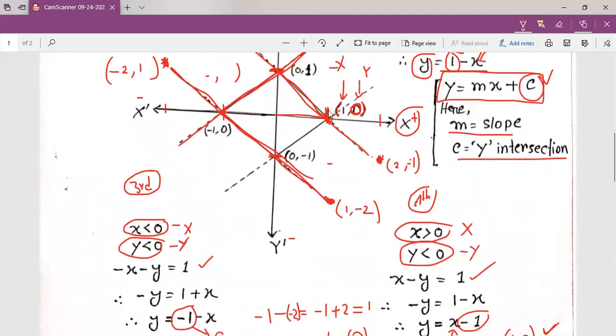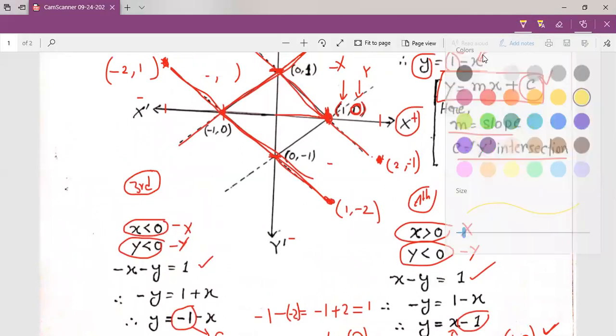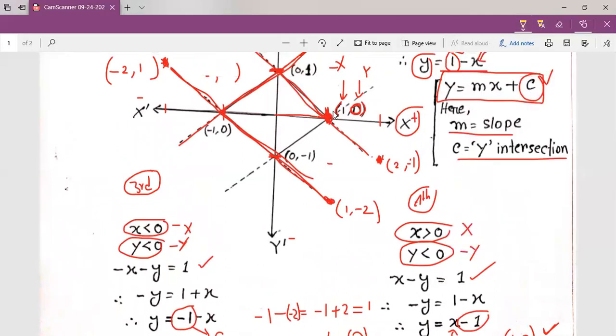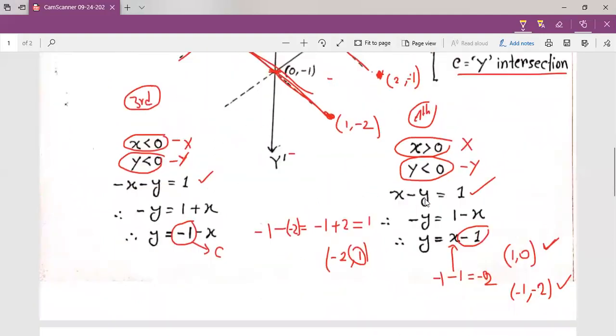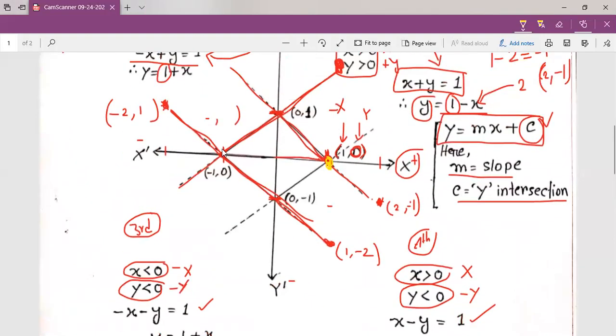So (1, 0) will be here, and (-1, -2) will be somewhere around here, right? Minus 1, minus 2, here. So again we get this line.